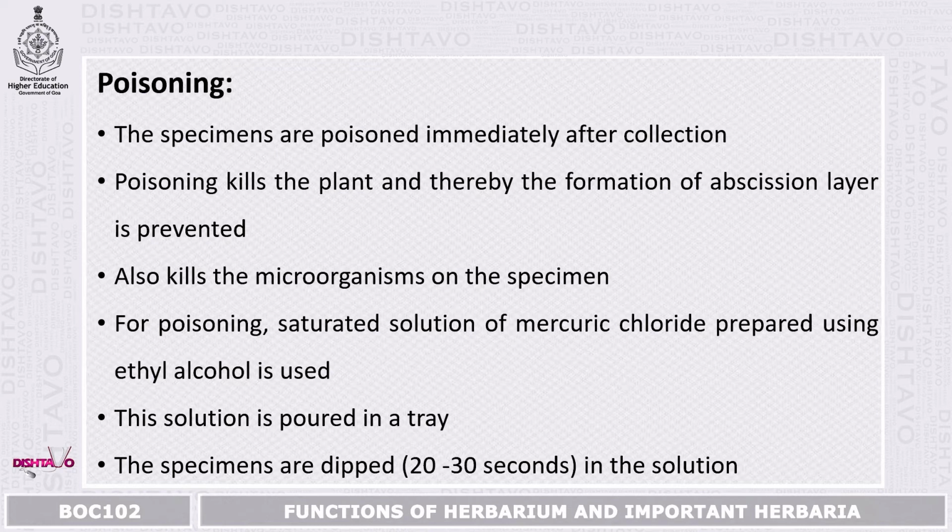For poisoning, a saturated solution of mercuric chloride prepared using ethyl alcohol is used. This solution is poured in a plastic tray. The specimens are dipped in the solution and later kept for drying.